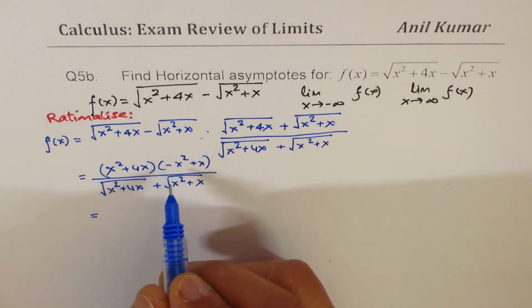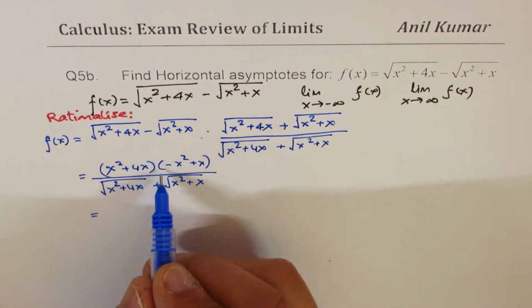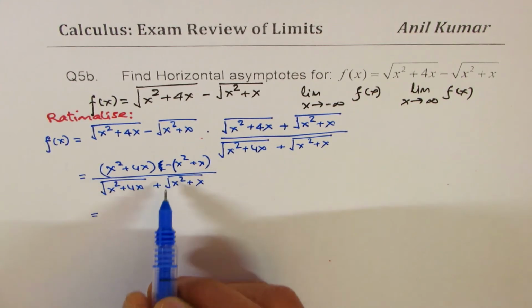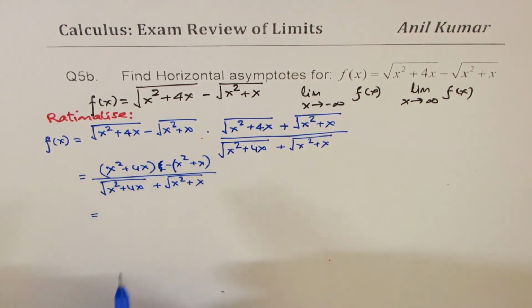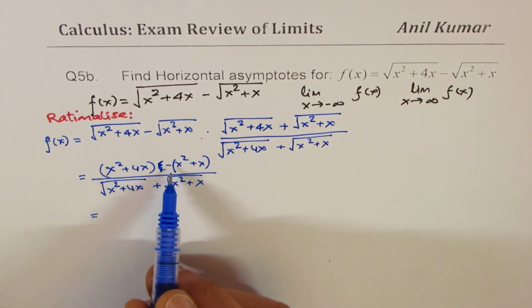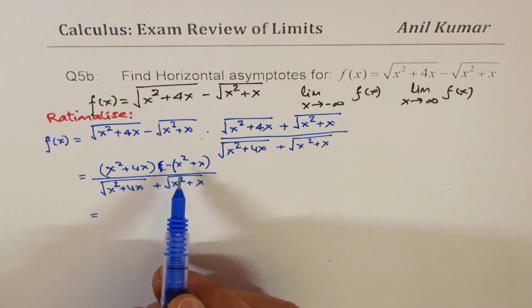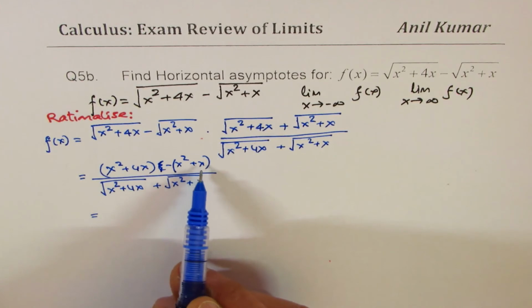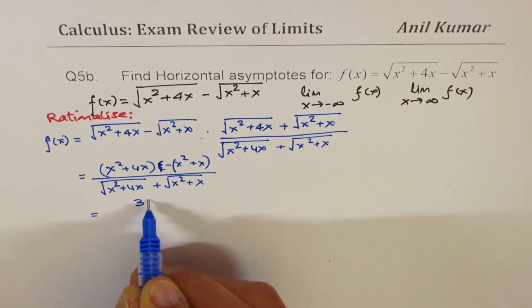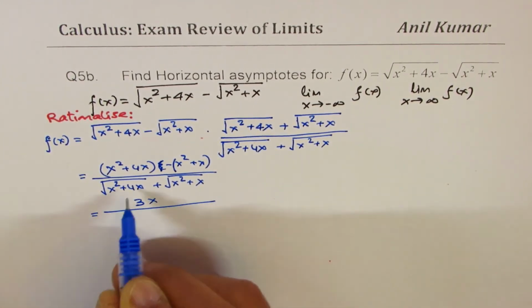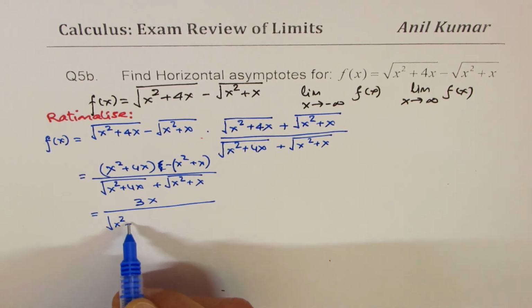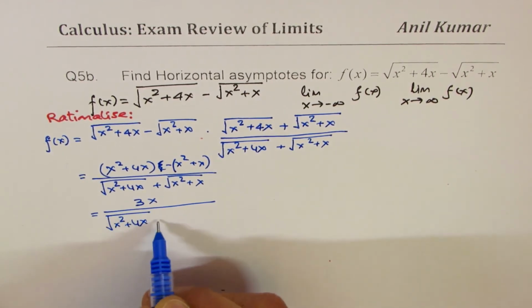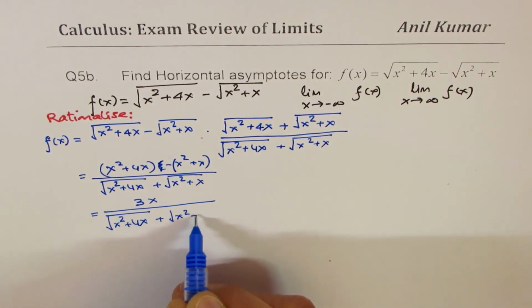This minus is outside, so we get x squared minus x squared is 0, but 4x minus x is 3x, so we get 3x over square root of x squared plus 4x plus square root of x squared plus x.